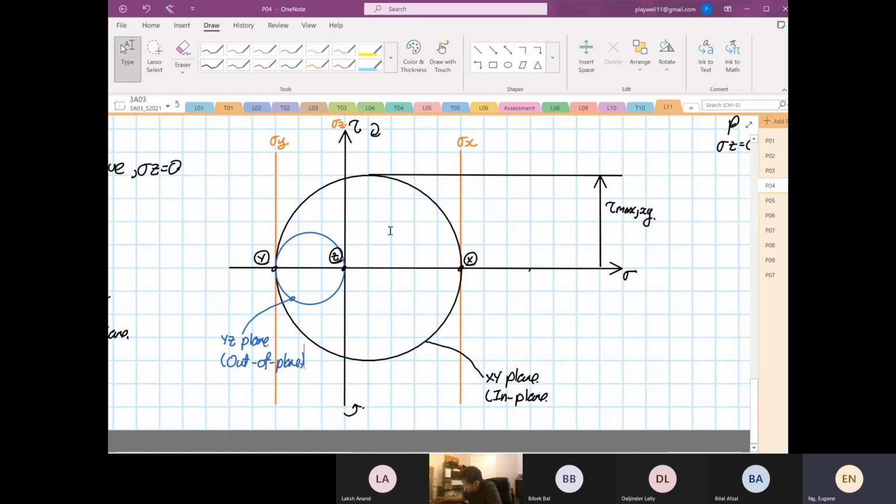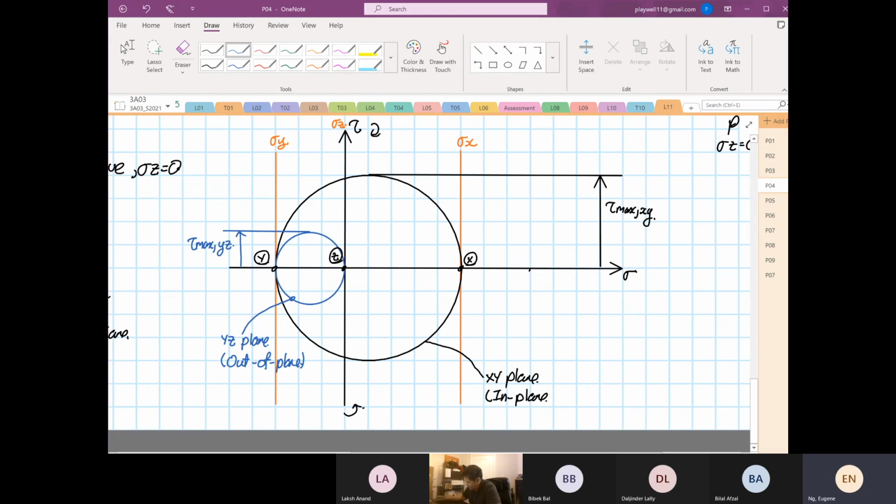And then the distance from here to here is our tau max YZ.